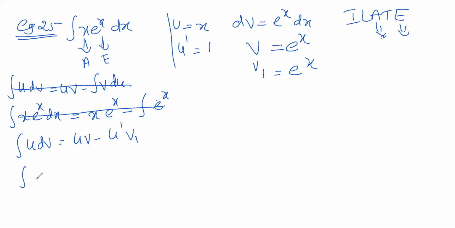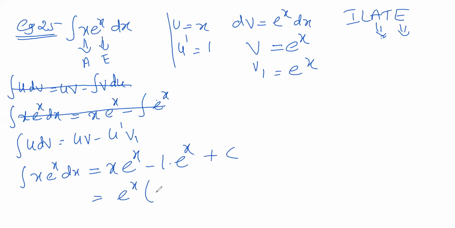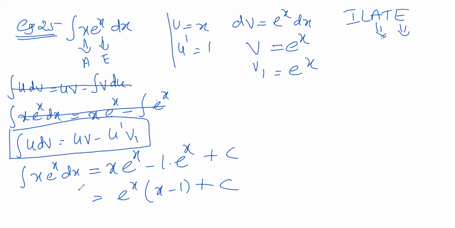So integral x e power x dx is equal to u x and v e power x minus u dash 1 into v1 e power x, integration over, plus c. In that, e power x is common, taking e power x outside, so e power x into x minus 1 plus c. So with this, example 25 is over.